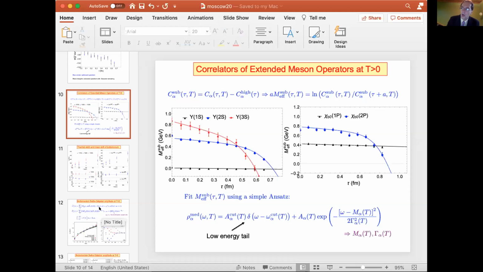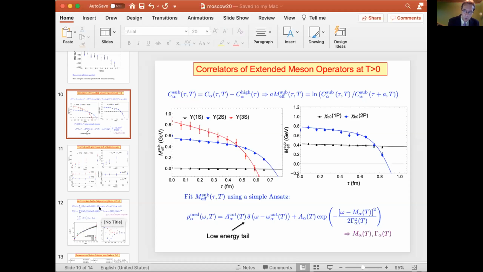That of course relies on the fact that the time scale where you dissociate somehow the bottomonium, or at least the binding potential between them, is much shorter. So it's kind of resumming the effect of dissipation into a potential. But you could also have the thermal width without having an imaginary potential.